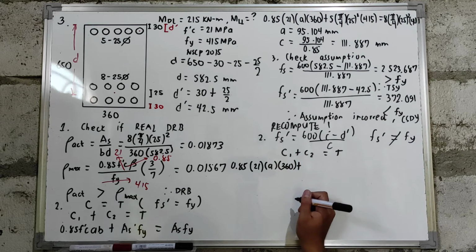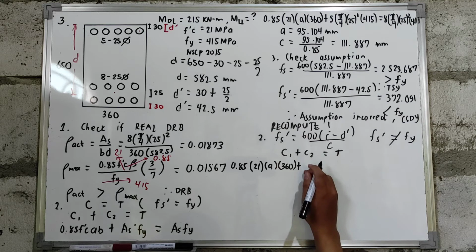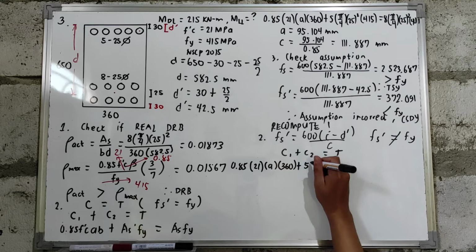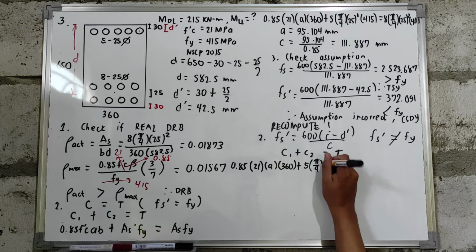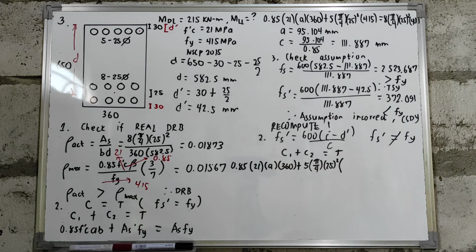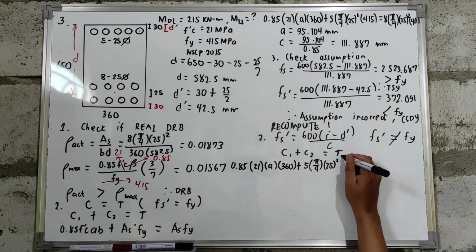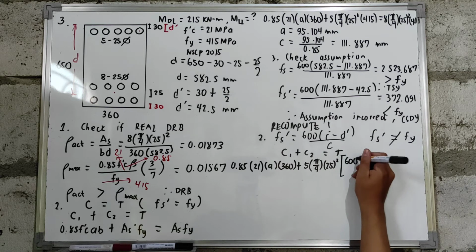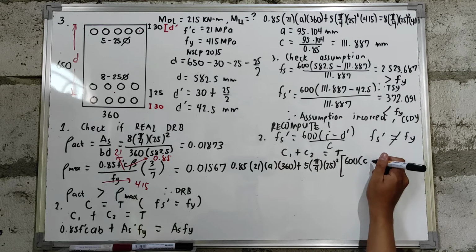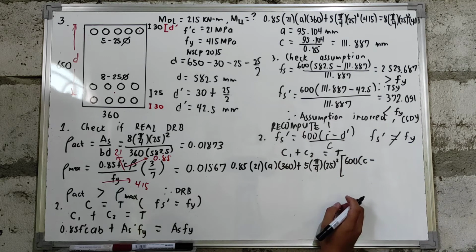Plus, yung AS prime natin dito, meron tayong 4 na piraso ng 25 mm diameter bars, multiplied natin by the value of your Fs prime. So, ano yung value ng Fs prime? That is 600 C minus D prime natin. Ano yung value ng D prime natin? That is 42.5.